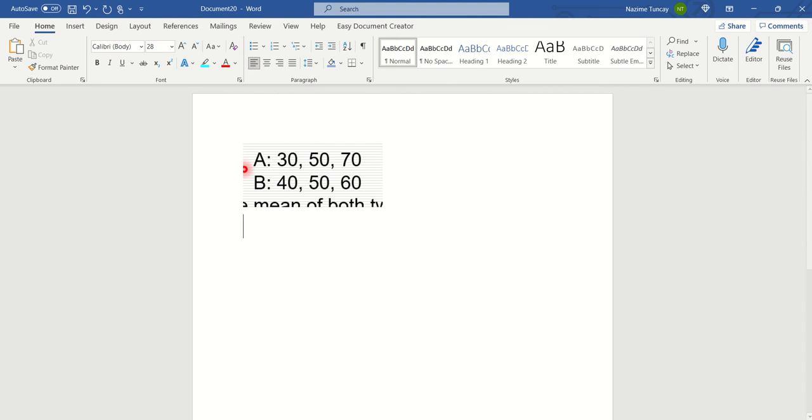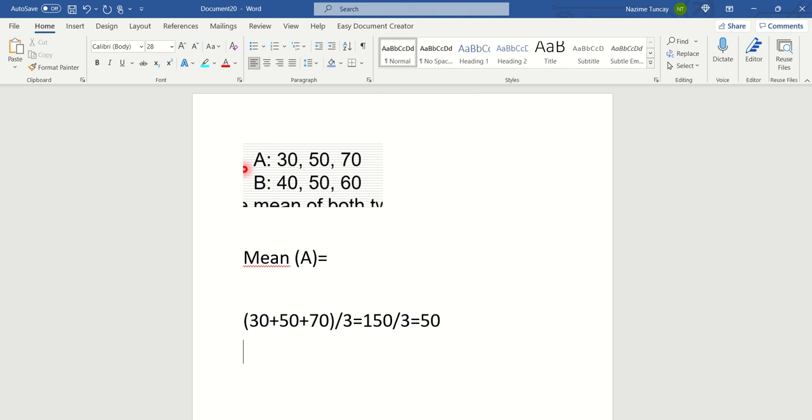Now here we have two sets of data. Set A, let us find the mean of set A. 30 plus 50 plus 70, over 3. So 150 over 3, and that's 50.